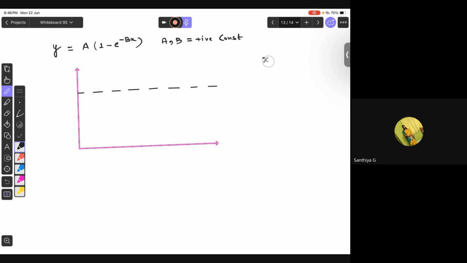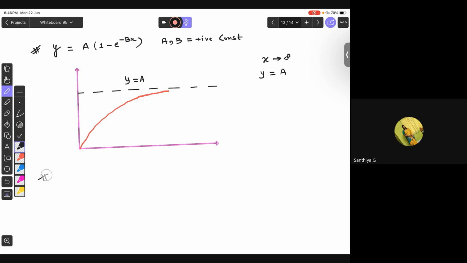When x tends to infinity, y becomes equal to a. So you draw the line y equals a, which is parallel to the x-axis. So the graph of this function is like this. This is one standard graph you should know.